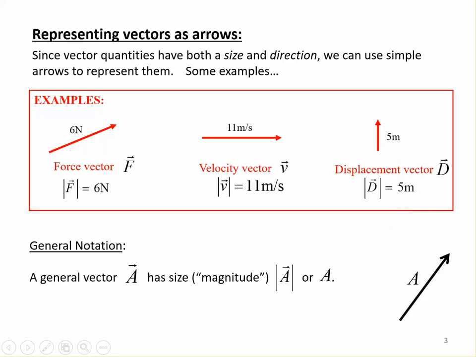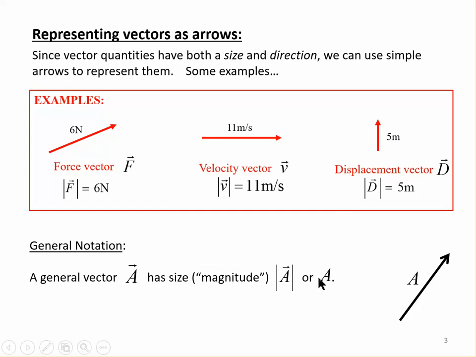More generally, when you have a vector, we can represent a general vector A in terms of its size or magnitude. We denote it with the absolute value signs like I indicated before, here, here, and here.